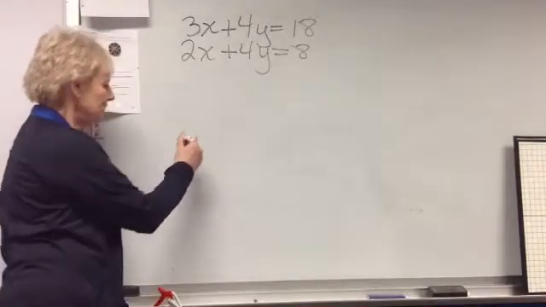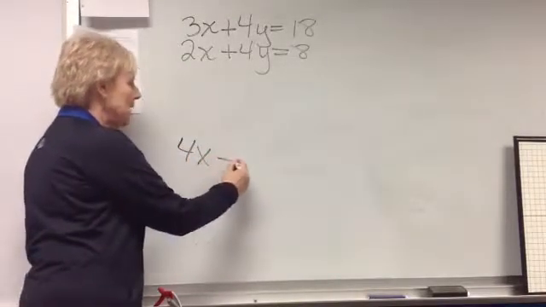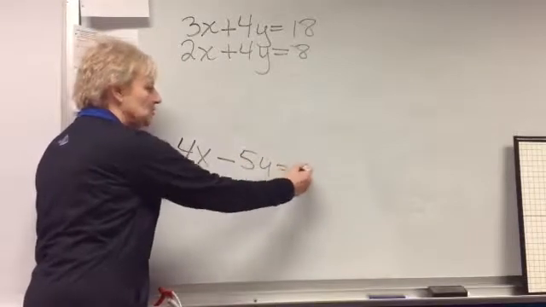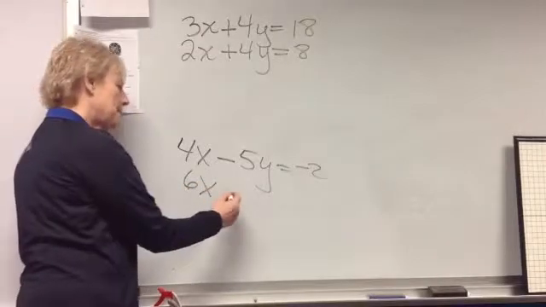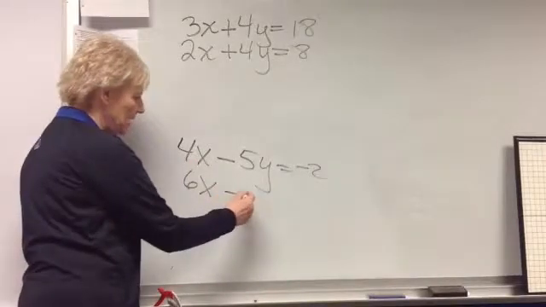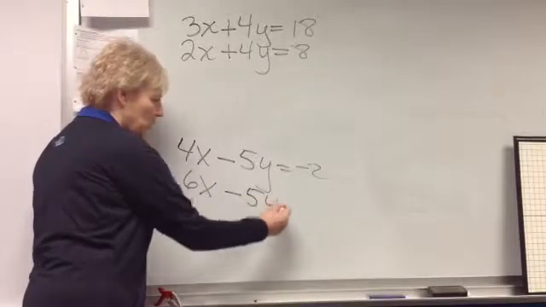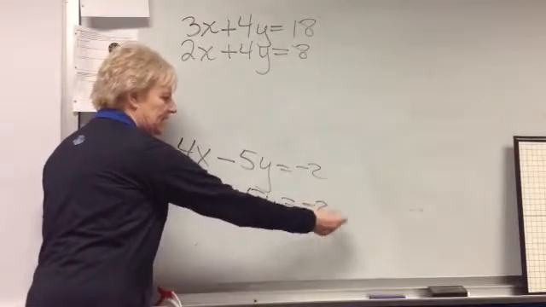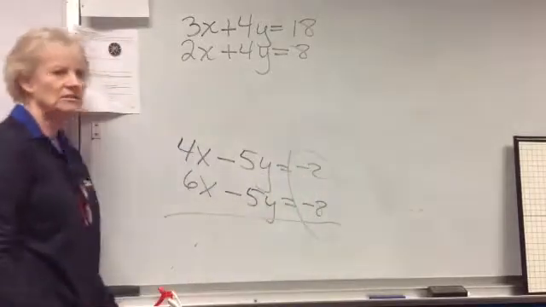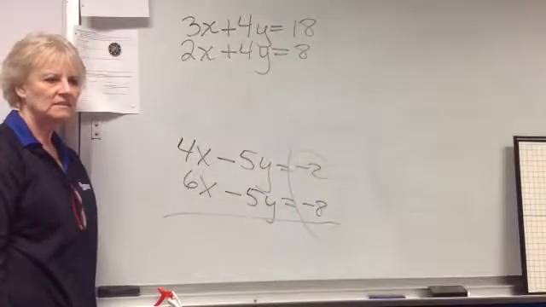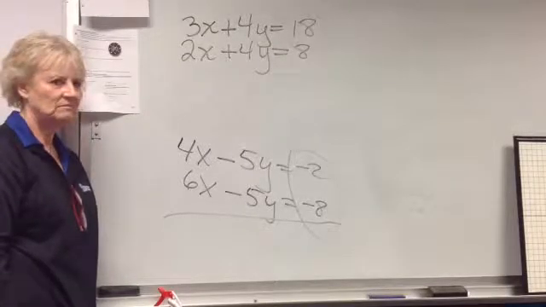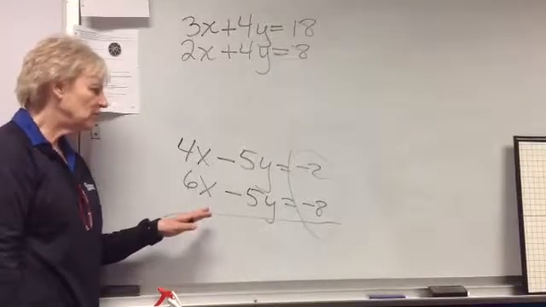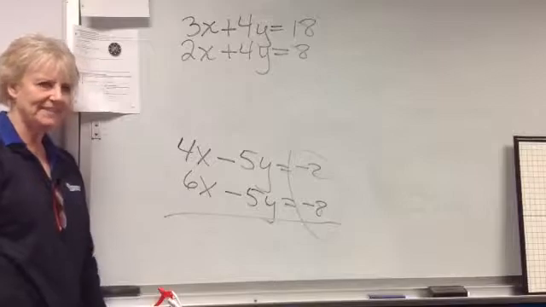What if you have 4x minus 5y equals negative 2, and then you have 6x minus 5y equals negative 8. What do you get when you subtract those? You'd get 6, not negative 10.